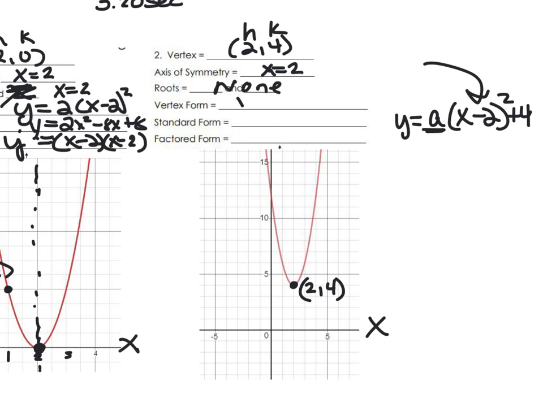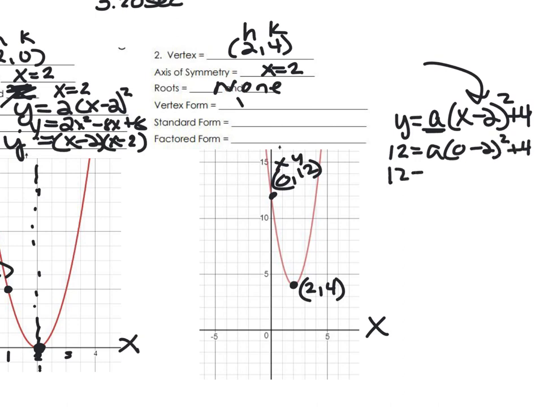So we need another point on the graph. So let's see, we're crossing right here. This is at 0, 12. So we're going to use that x and y to find a. So I'm going to plug in this x and y, and we're going to solve for a.